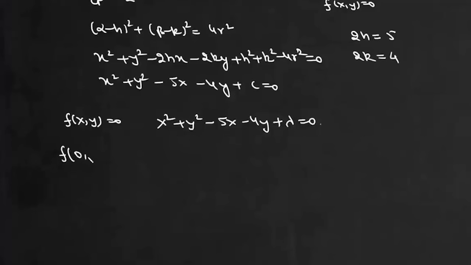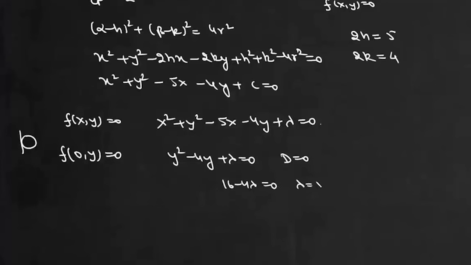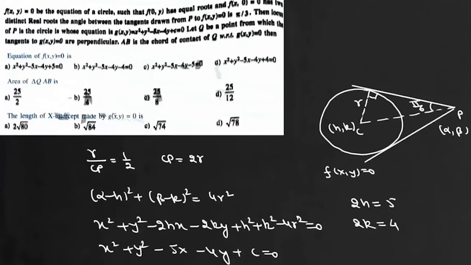So from there we'll get value of lambda as 4. So once we have this lambda, we can write f(x,y) as x square plus y square minus 5x minus 4y plus 4 equals 0. And that's your option D.